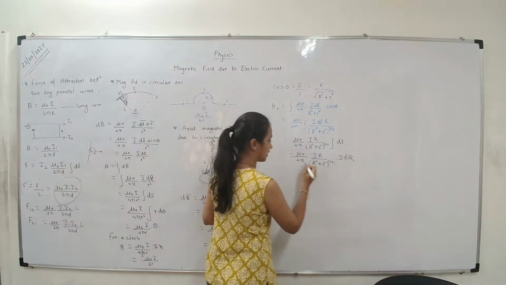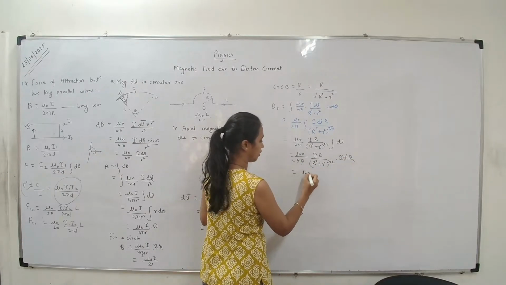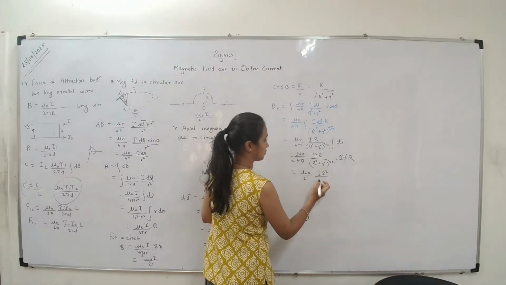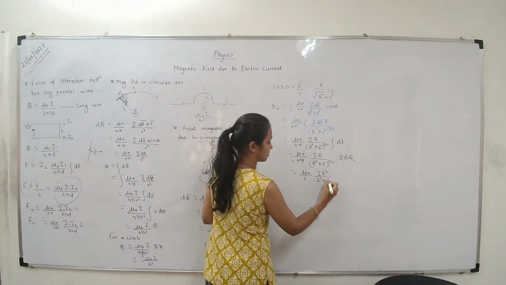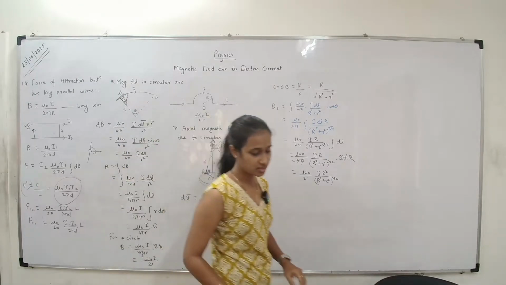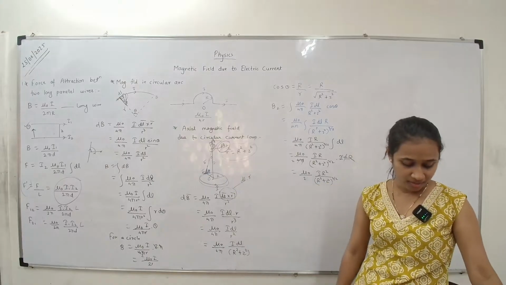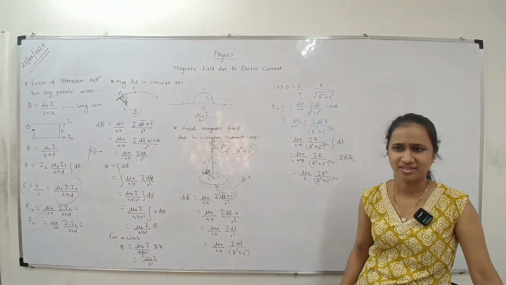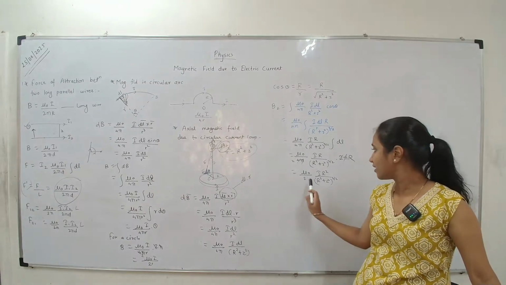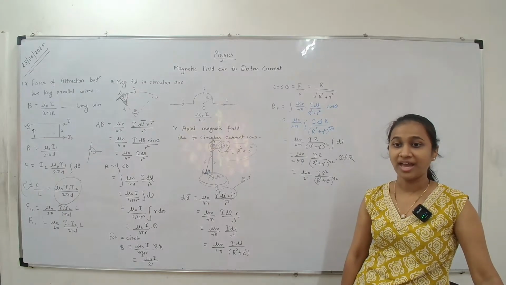Now this pi will get cancel. Next, 2 2's are 4. It is mu naught upon 2 pi I r, yes, r square plus z square raised to 3 by 2. ठीक है, this is the magnitude of magnetic field due to current I in horizontal असेल, vertical असेल, doesn't matter, circular loop whose radius is r, and this magnetic field is at the point it's situated on the axis of the loop.